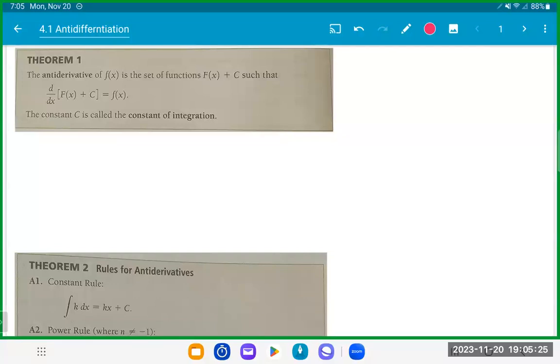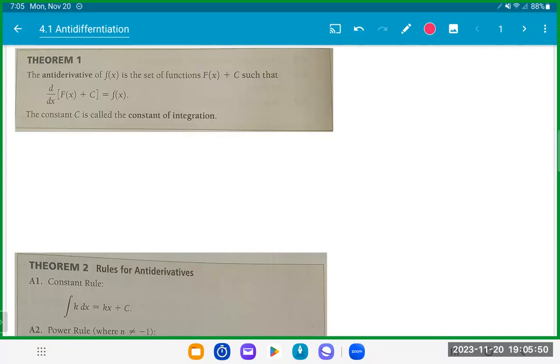And so the first theorem that we have here is that the antiderivative of a function is the set of functions where we have capital F of x plus c such that the derivative of this set of functions plus some c, which is some constant, is equal to the function itself.